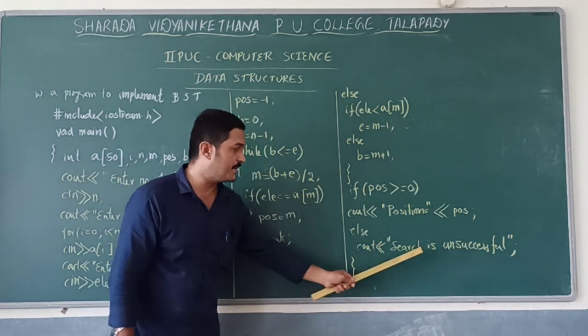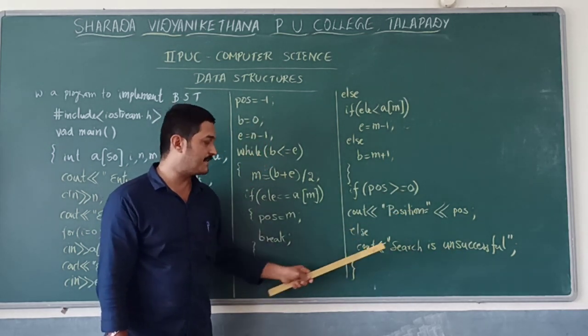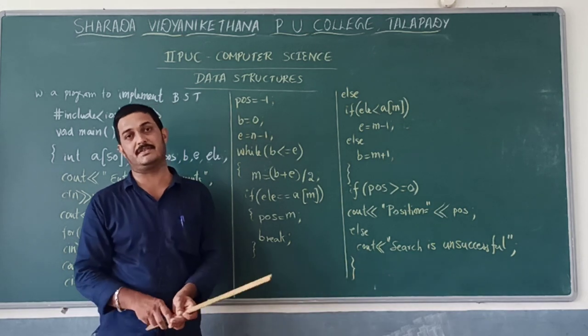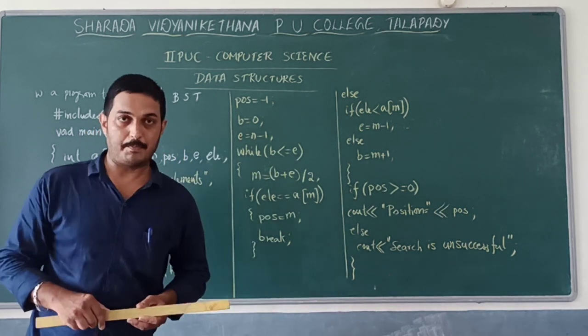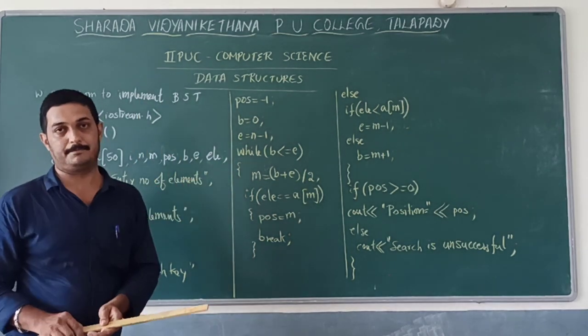If this condition is false, automatically it will display search is unsuccessful, and close the curly brace. Okay, these are about the C++ program to implement the binary search technique.